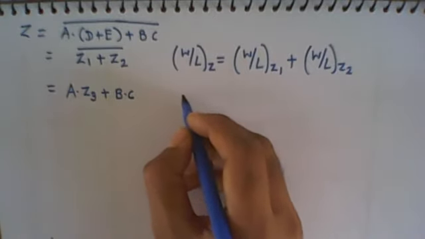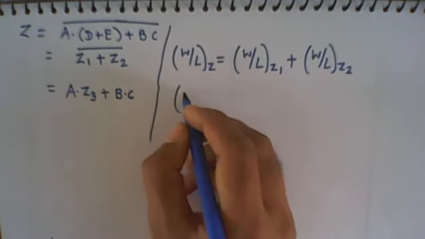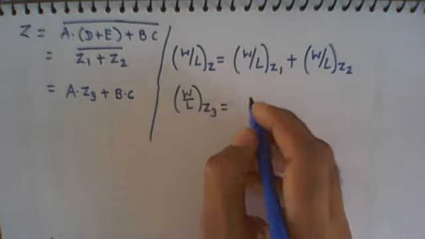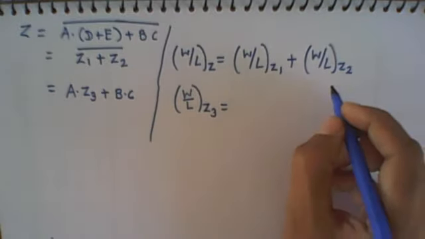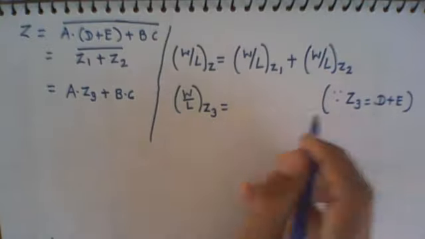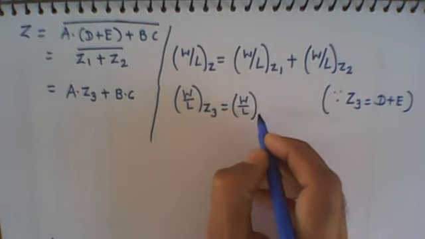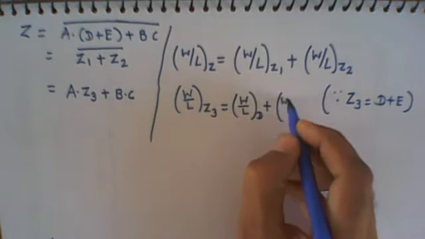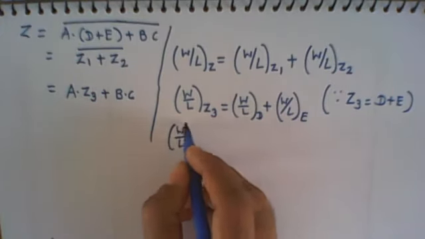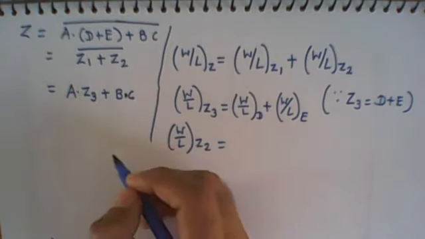So we can write the W upon L of Z3, where Z3 is equal to D plus E. D and E are both in parallel, so it's an addition, D plus E. And the W upon L of Z2, where B and C are in cascading.